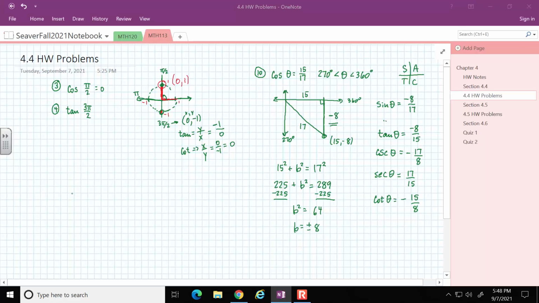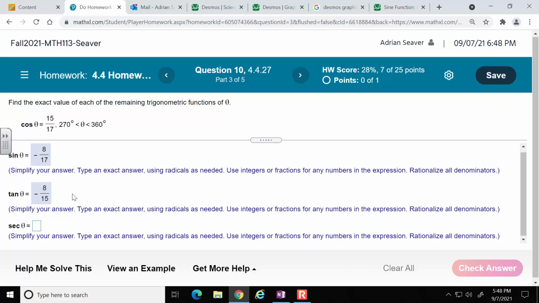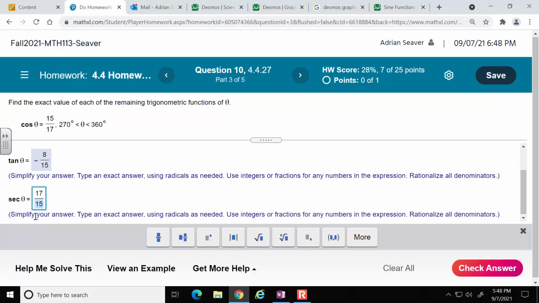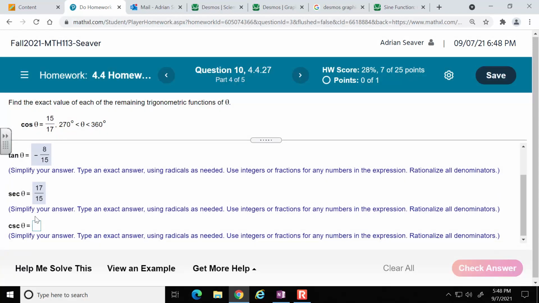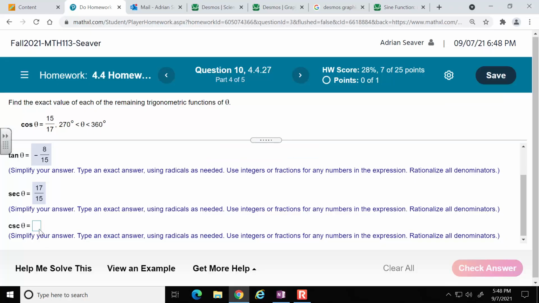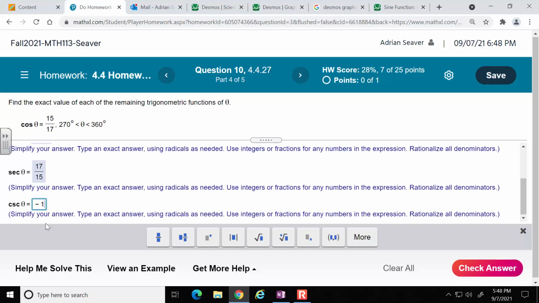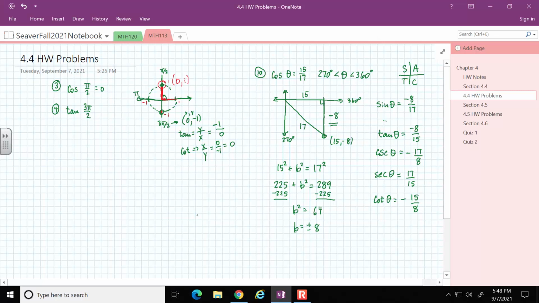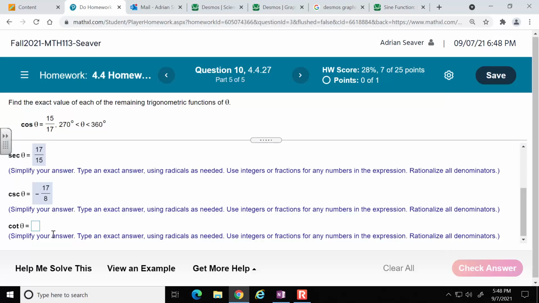Secant, 17 over 15. Cosecant, we said, was negative 17 over 8. All right, and cotangent, negative 15 over 8.